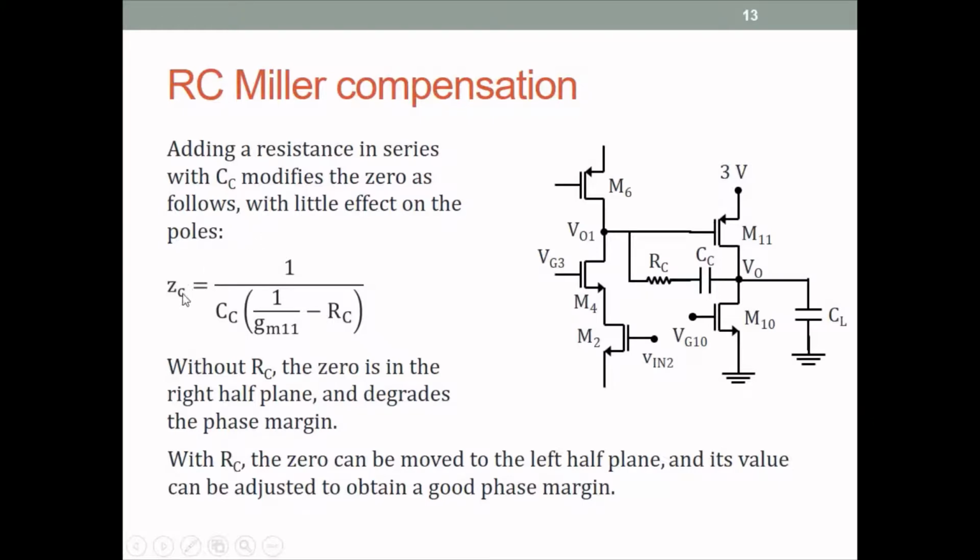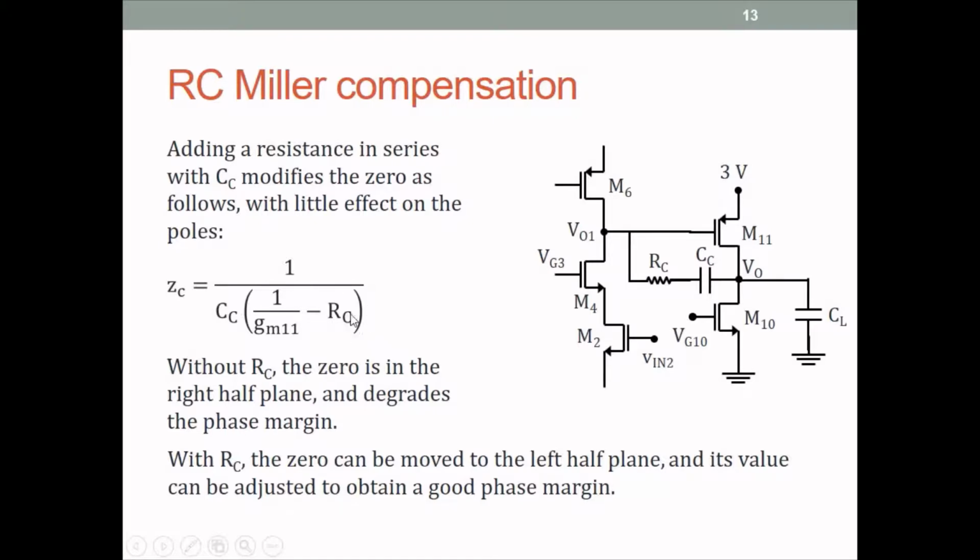So the zero frequency now with this RC is 1 over CC times (1 over gm11 minus RC). So if RC is not there, if RC is 0, then this is gm11 by CC with a positive sign, which is a right half plane zero, which we had earlier. When we include RC, there is a negative sign here.